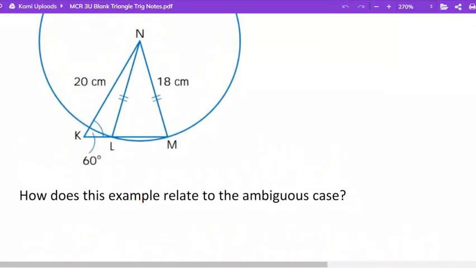What's the first thing I can see here about triangle KNM that tells me it might be an ambiguous case? It's two sides and the angle. Beautiful. And the angle is not contained, right? It is SSA.